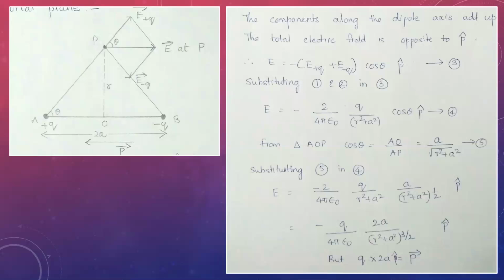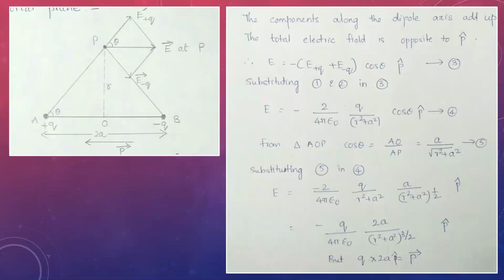The 2 in front I have taken to the back side. And don't cancel 2 with 4, that is, numerator and denominator, don't cancel 2 and 4, because we need to keep it like that. Why we need to keep it like that is because we know q into 2a is dipole moment.